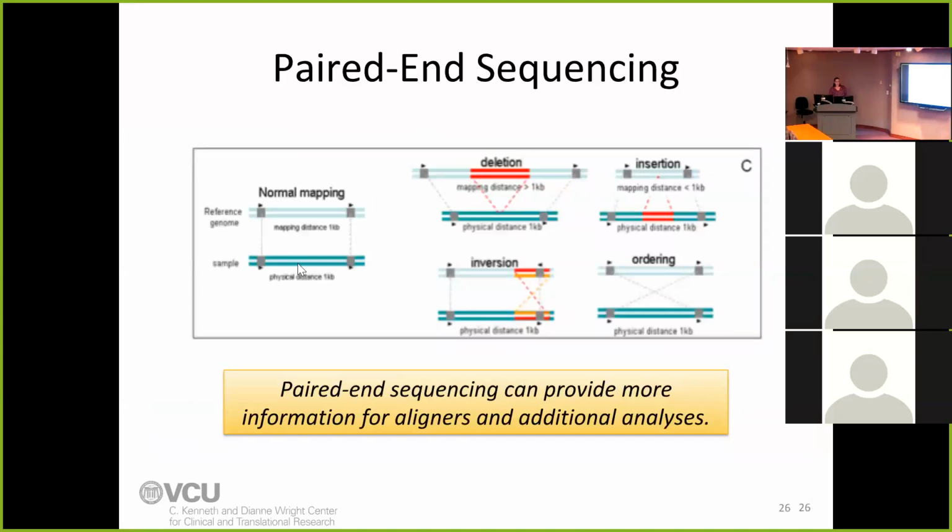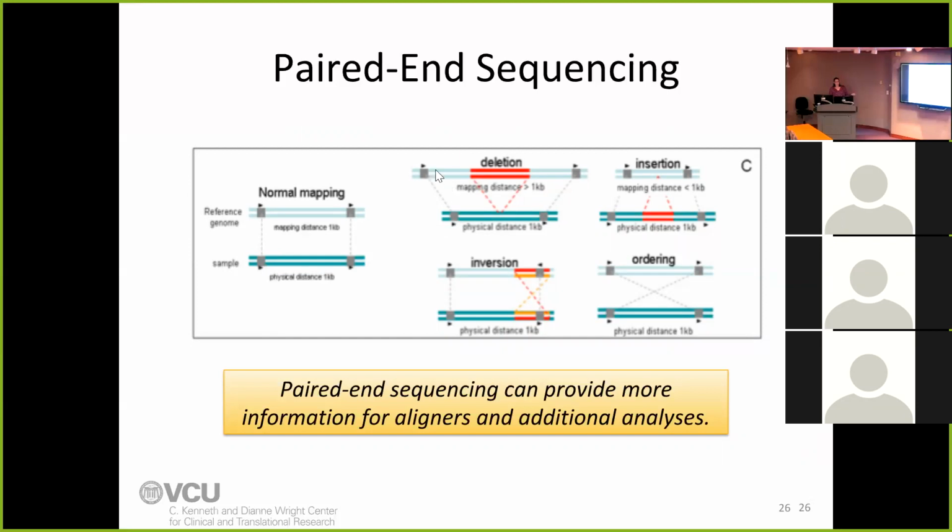For example, paired end sequencing on normal mapping, if this is your reference and this is your sample, and there's 1,000 base pairs in between each end, then you're going to expect to see 1,000 base pairs in the actual alignment in the mapping.